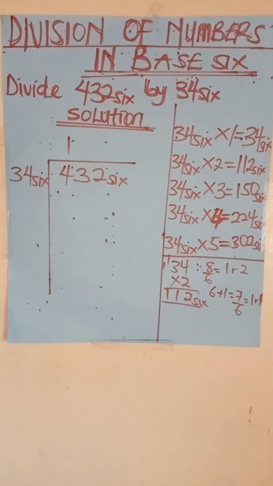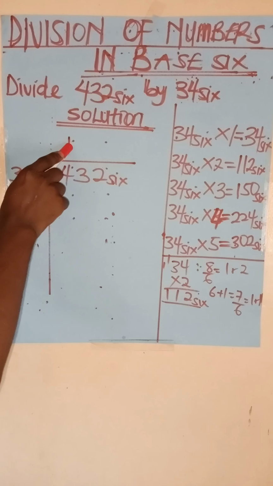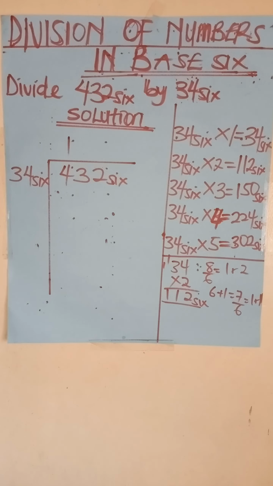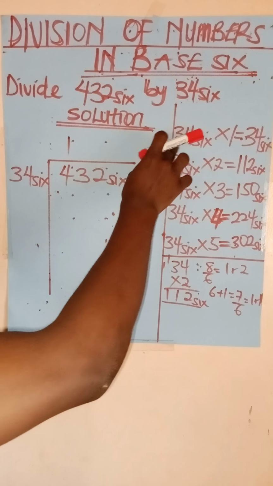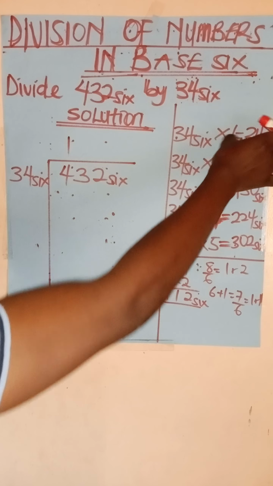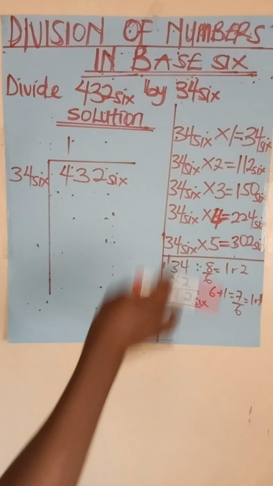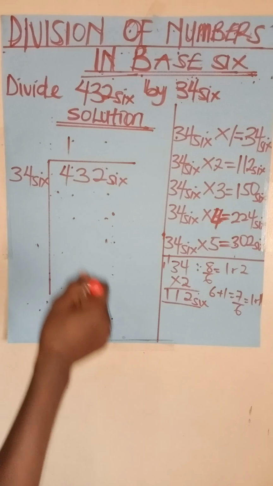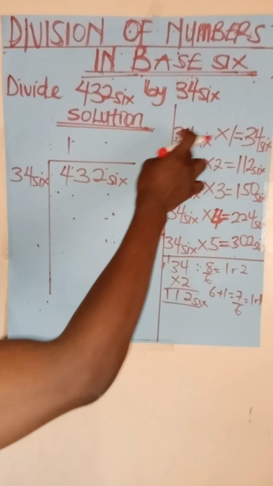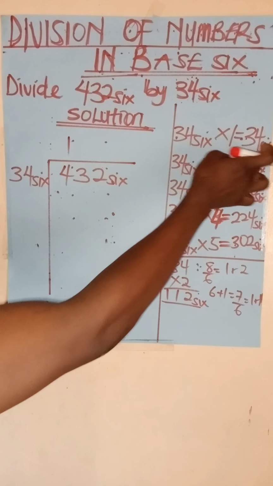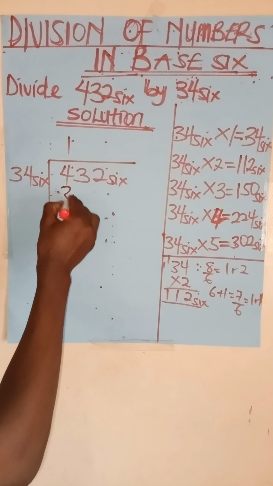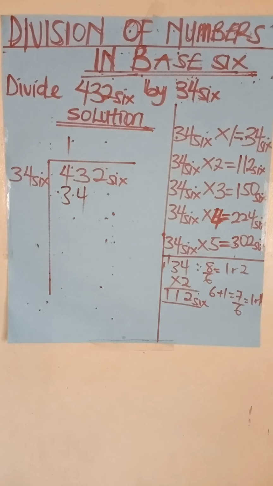Then after that, what would I do? Then I will say 1 times 34, which is here, 34 base 6 times 1. So I'll be looking at my multiplication table in order to divide my number. So it will give me what? 34 as well, because this times 1, this times this is this. So as you can see here, this is 34.